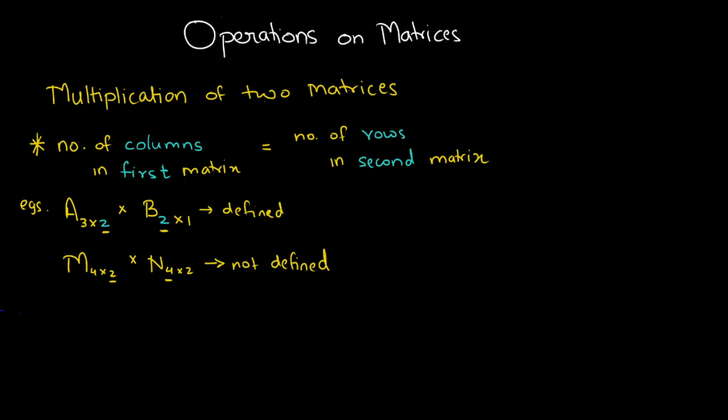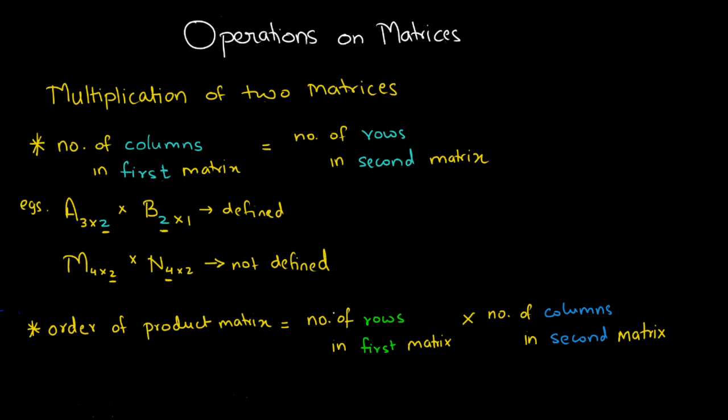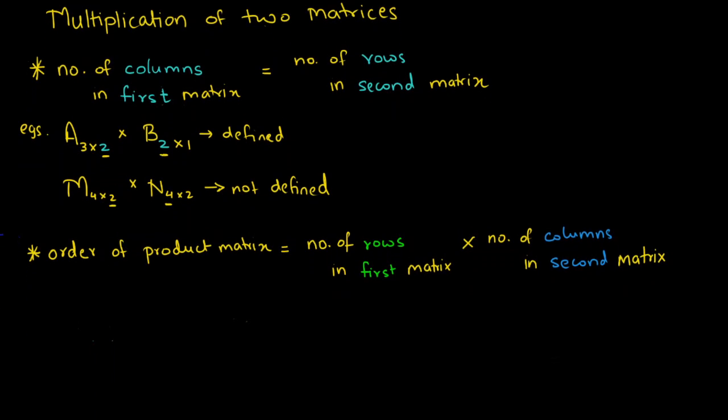Now let's talk about what would be the order of the product matrix. That will be the number of rows of the first matrix by the number of columns of the second matrix. What I mean by that is, let's consider the same example as earlier.